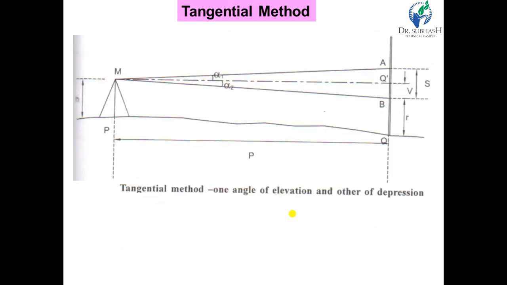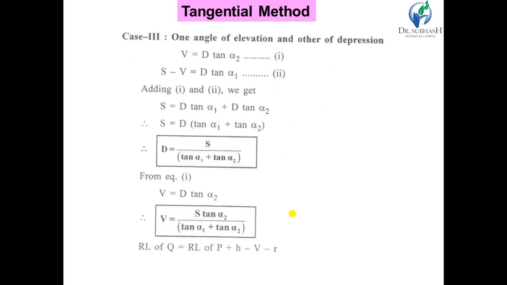First, we consider triangles AMQ dash and BMQ dash. V is equal to D tan alpha 2 as per the right angle triangle principle. S minus V is equal to D tan alpha 1.